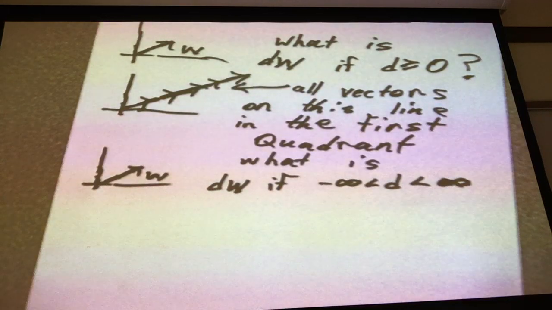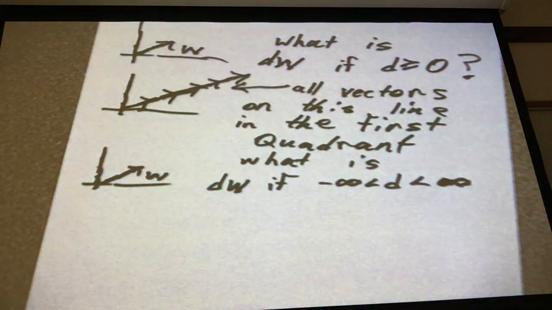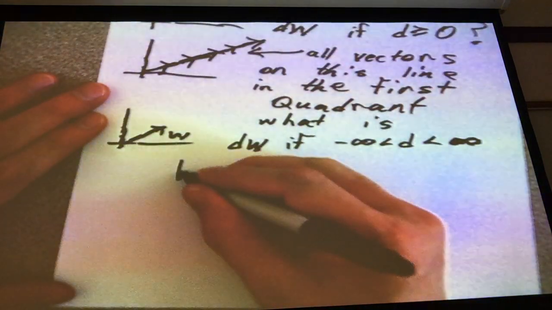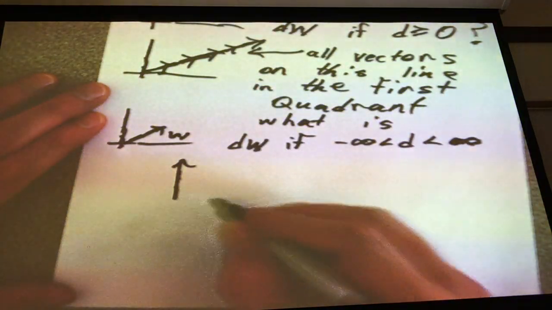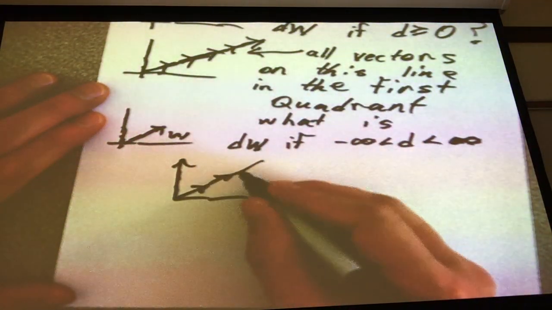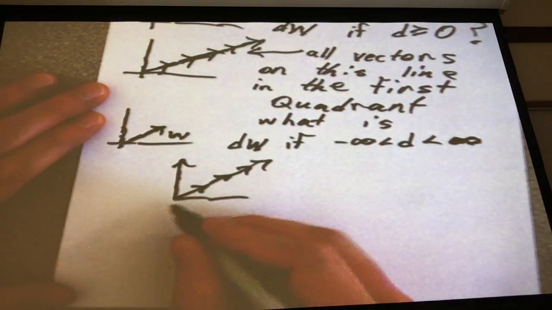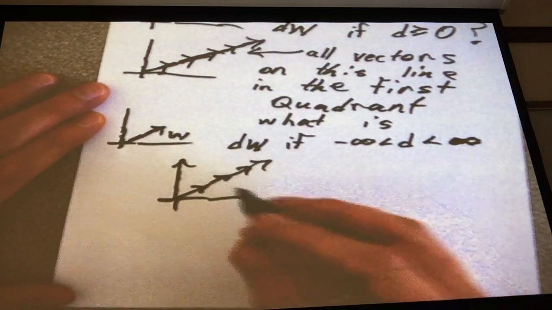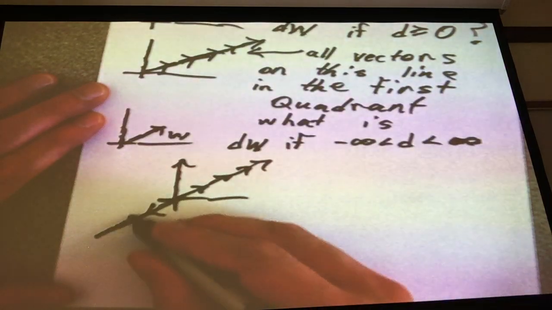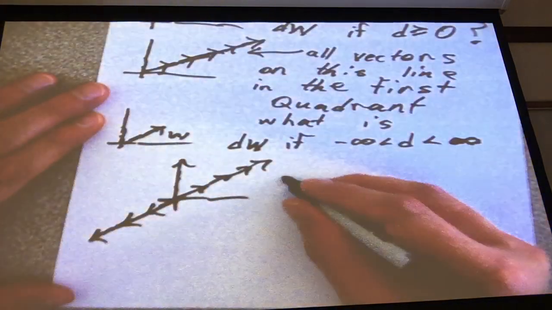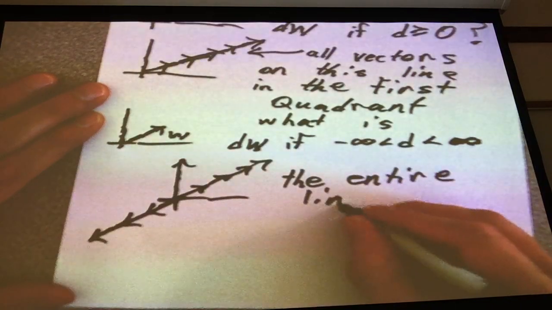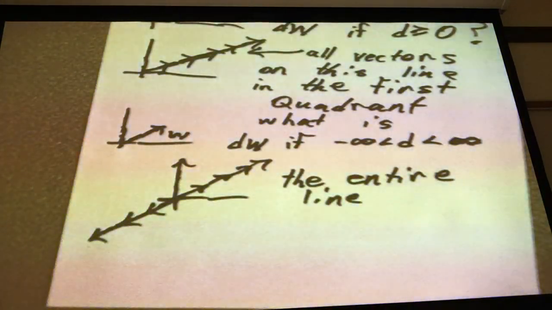So if we let W span both positive and negative as far as you want to go, well, what we get is the entire line.